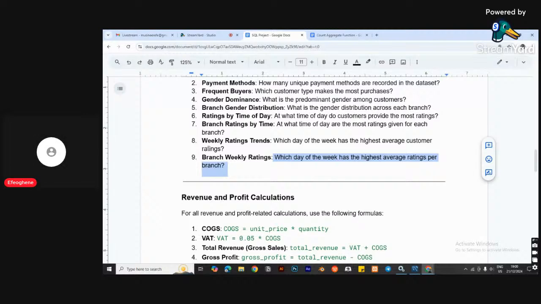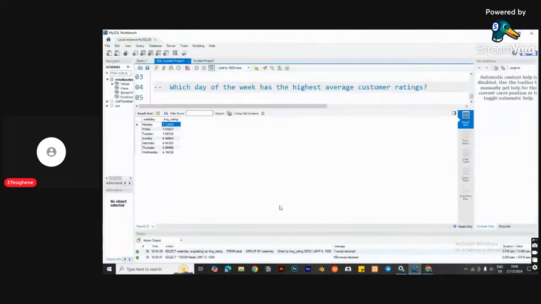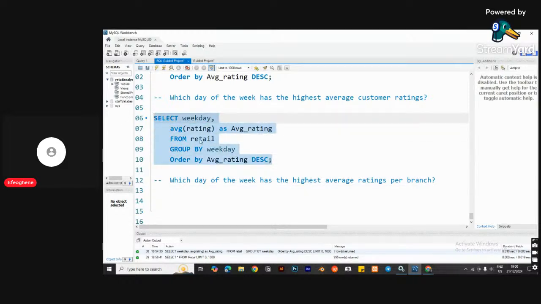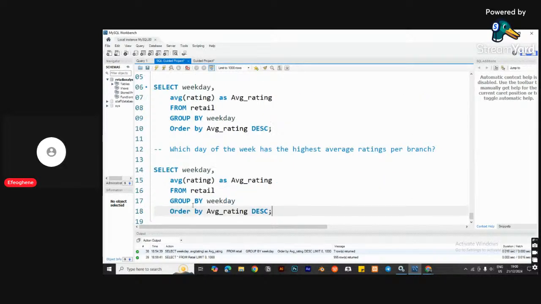Copy this. Which day of the week has the highest average rating per branch? Copy this, paste here.